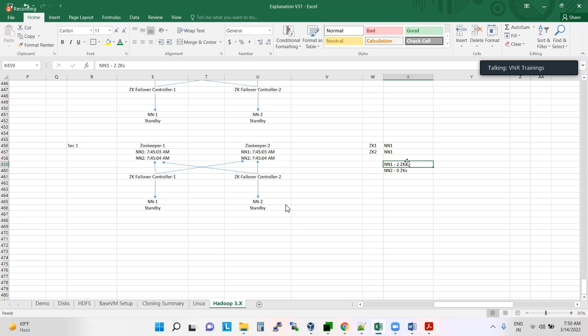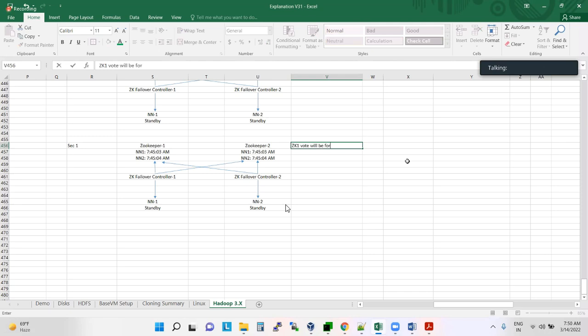Supporting means, as per zookeeper 1, what zookeeper 1 is telling is, as per my data, name node 1 should become active. So zookeeper 1 vote is for name node 1, correct? Yes, sir.